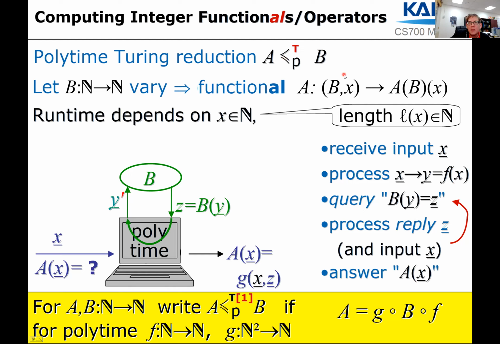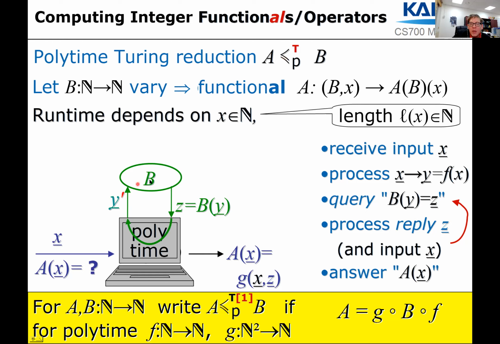But this functional, being of higher type, now in addition depends also on which function b is given as argument, right? So b is a function which is given as argument, and that's the essence of higher type computation of functionals. And different function arguments b will also result in different running times, as you can imagine here.